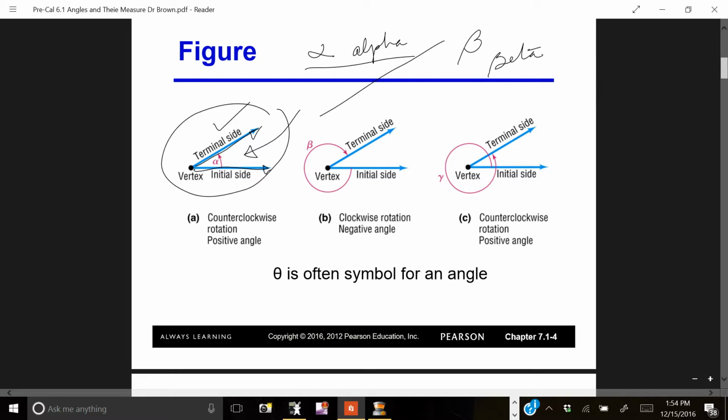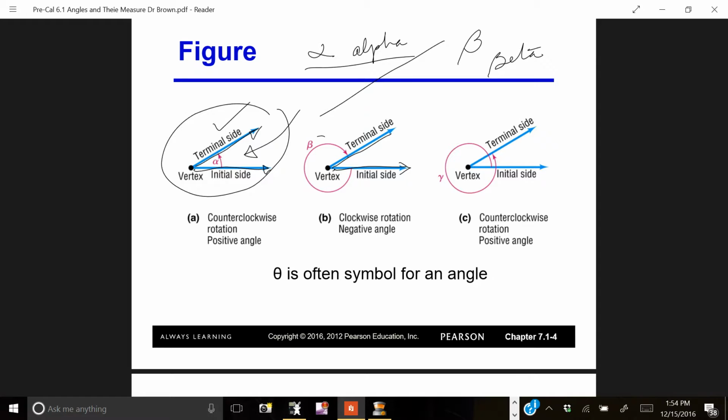and in this particular case we could go from an initial side, and instead of going counterclockwise, we can go clockwise and go a certain number of degrees and end at the terminal side.